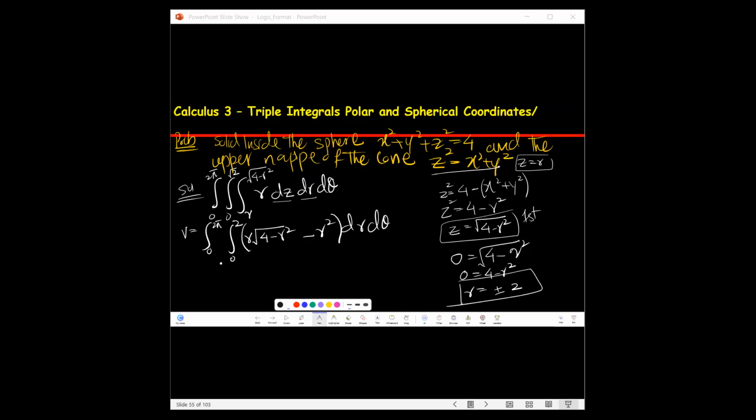Okay, then I'm going to be taking the second integral. Let me just simplify if I could. There's not much we can do here before we take the second integral. So let's take the second integral.